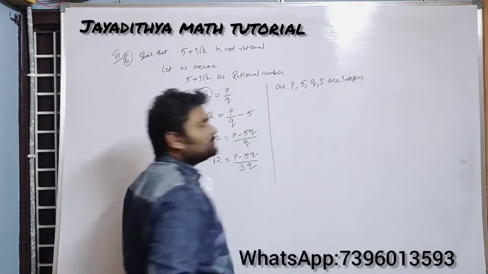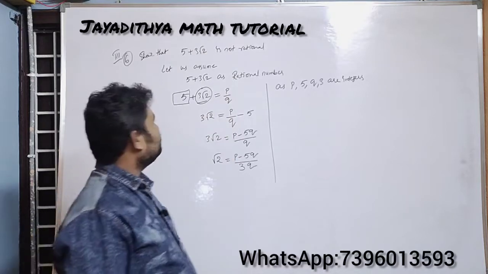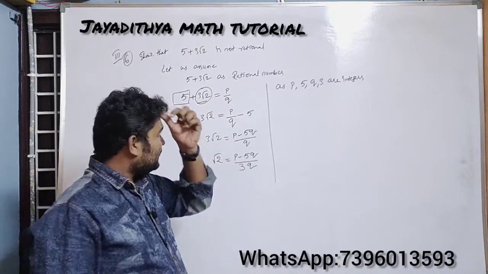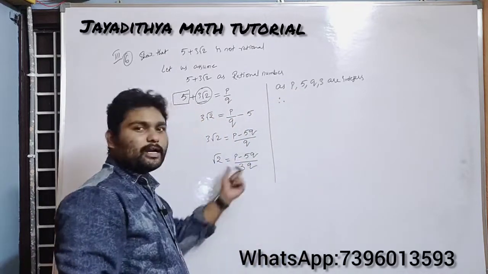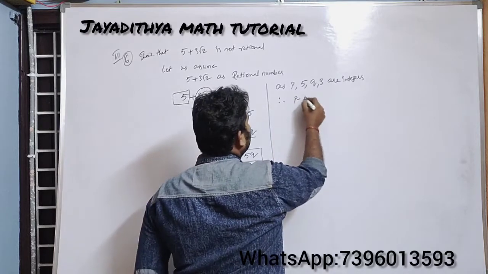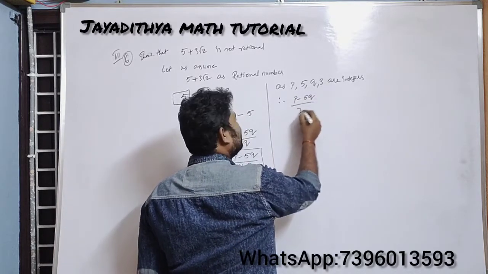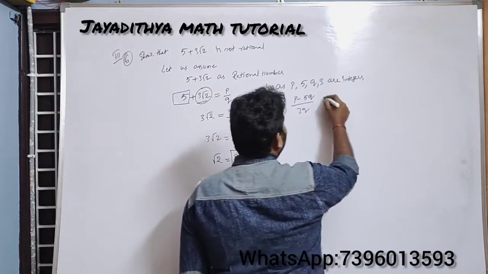Who told you these are integers? Here we have written it is in the form of p by q, where p and q are integers, and you know 5 is an integer, 3 is also an integer. Therefore, p minus 5q will be an integer and 3q will be an integer, and integer by integer is a rational number.